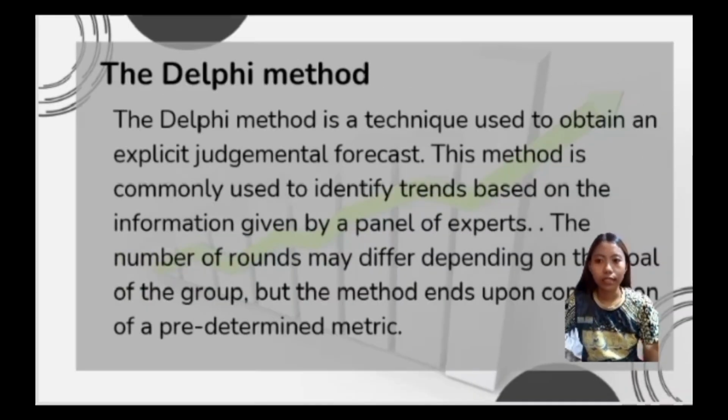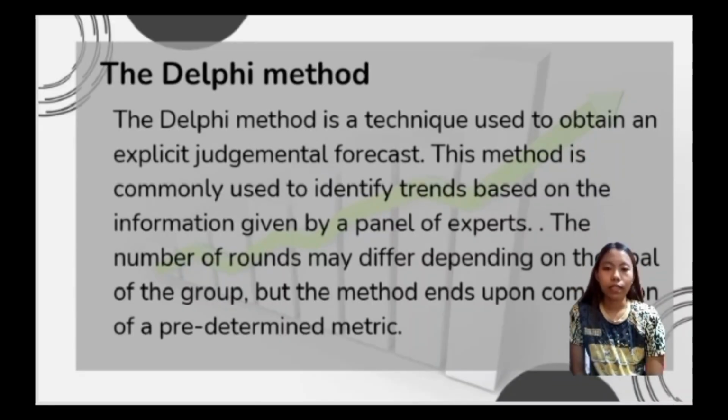So next is the Delphi method. The Delphi method is a technique used to obtain an explicit judgmental forecast. This method is commonly used to identify trends based on the information given by a panel of experts. The number of rounds may differ depending on the goal of the group, but the method ends upon completion of a predetermined metric.